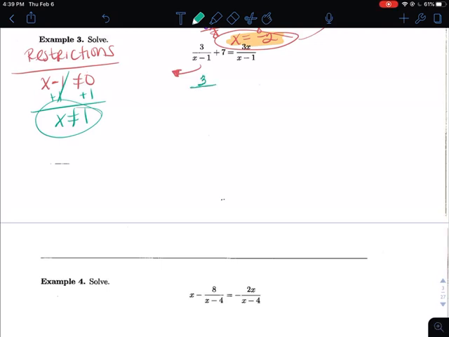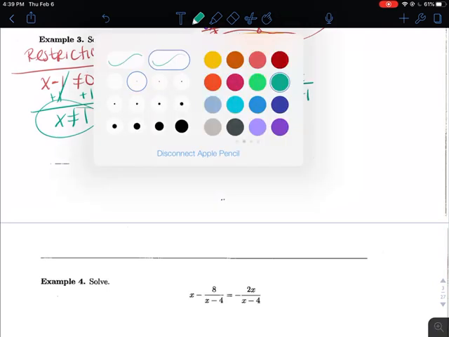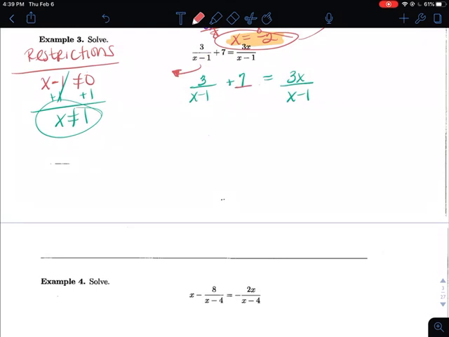So I'm going to rewrite this equation as 3 over x minus 1 plus 7 equals 3x over x minus 1. Again, I'm going to make that 7 a fraction by putting it over 1.